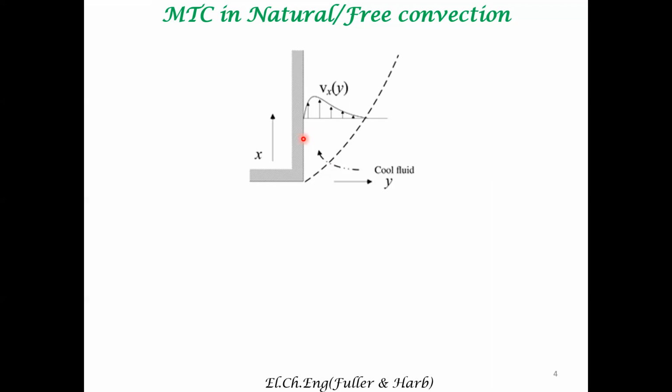The density typically decreases with increase in temperature, because of which there are natural buoyancy forces, because of which there is convection pattern. So the reason for natural convection is the density differences. In the context of heat transfer, these density differences are generated because of differences in temperature.